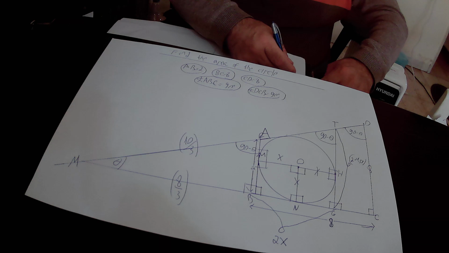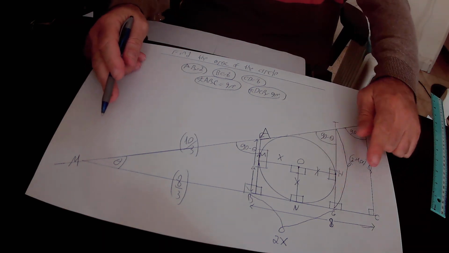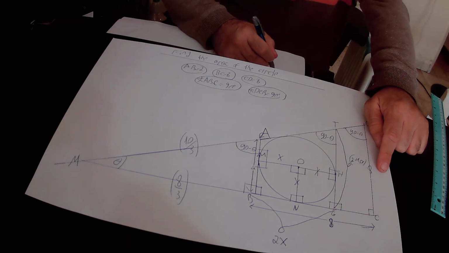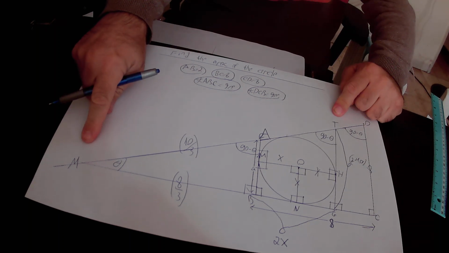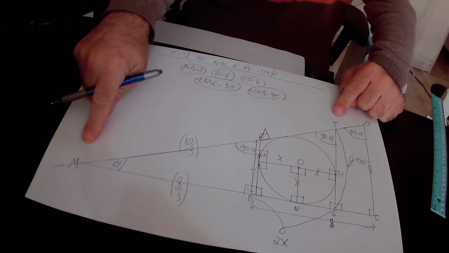I already explained to you that MG equals 8 over 3 plus 2x. Well, MB is 8 over 3. This is equal to TM. TM is TA plus AM, that is 10 over 3.